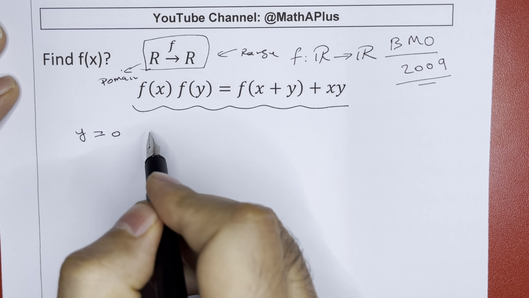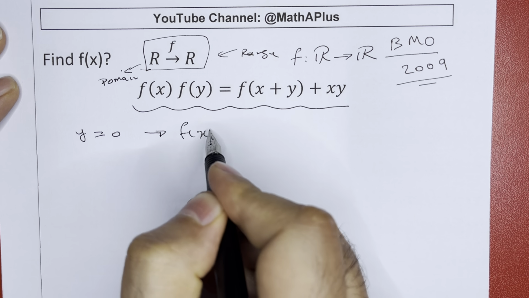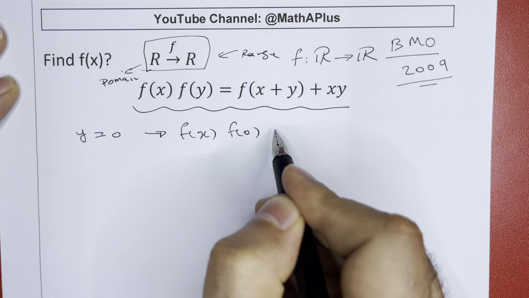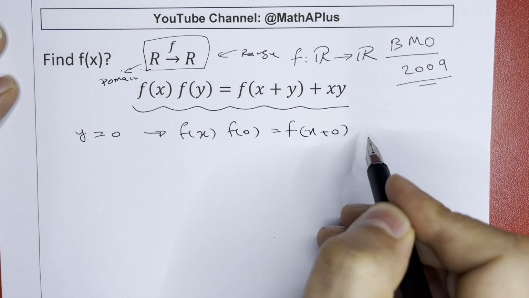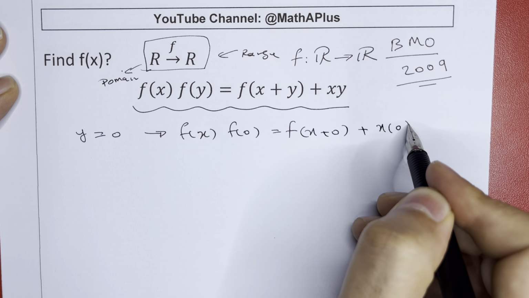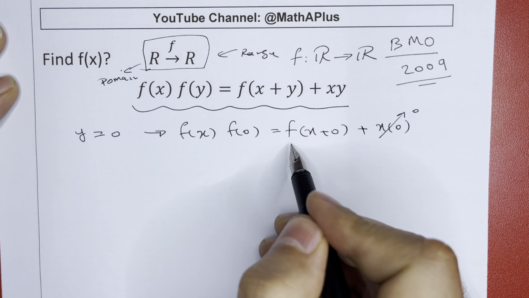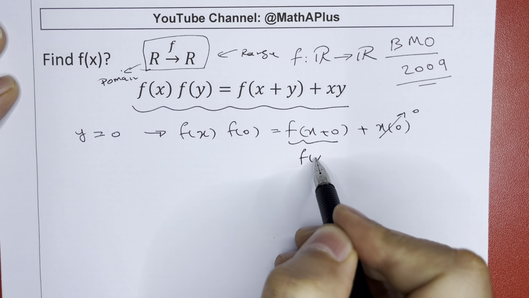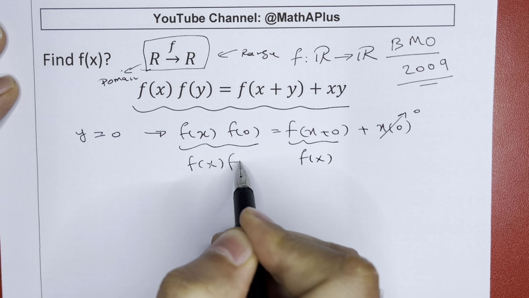So if I put y equal to 0 and simplify, it's gonna be f of x times f of 0 is f of x plus 0, plus x times y, which is 0. For sure, this one is gonna be 0, this one is gonna be f of x, and this one is gonna be f of x times f of 0.